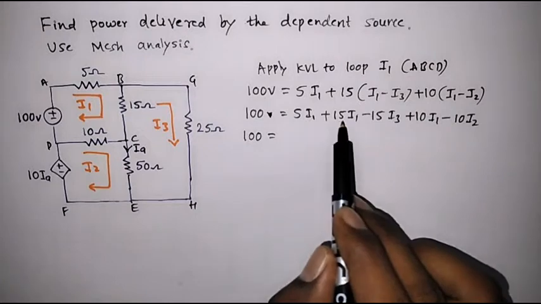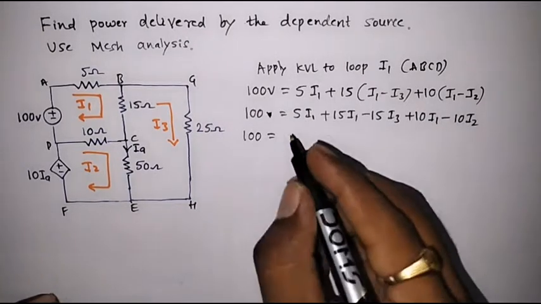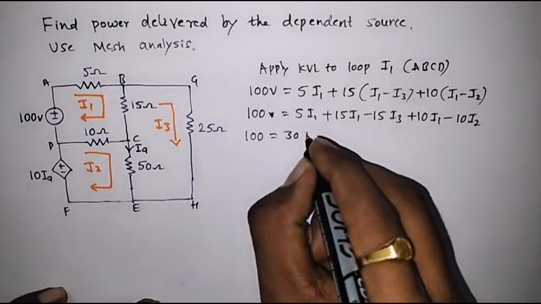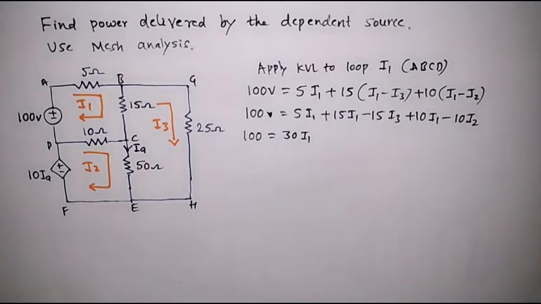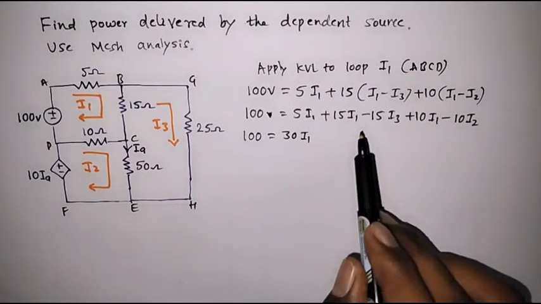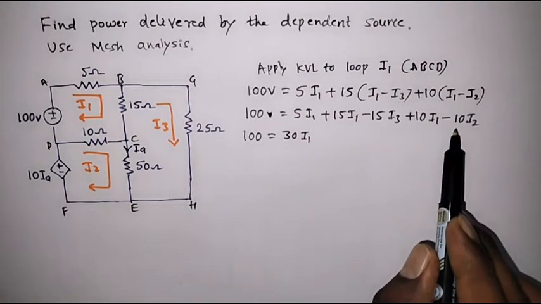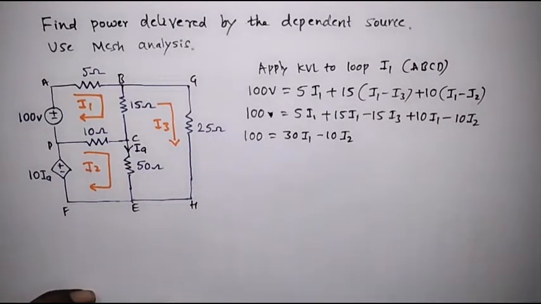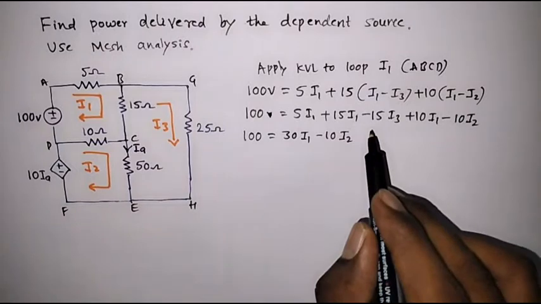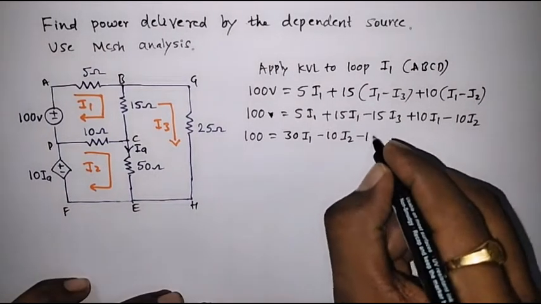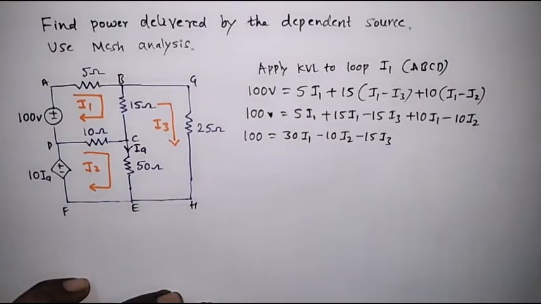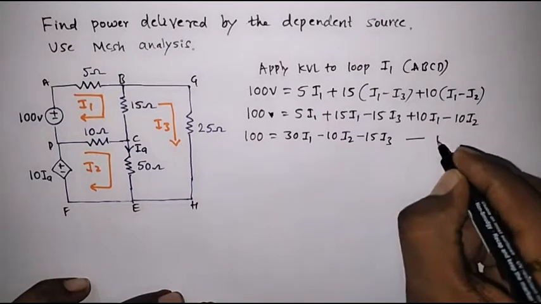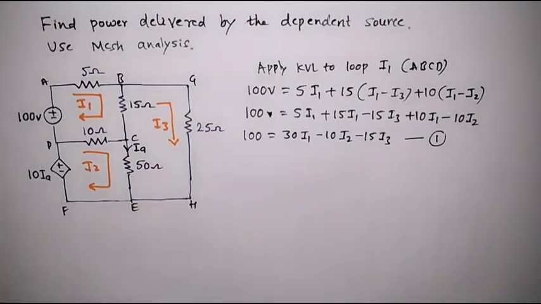So it is 5 plus 15, 20 plus 10, 30 I1, then the I2 term, there is only one I2 term, that is minus 10 I2, and the I3 term is also one, that is minus 15 I3. We'll call it equation number 1. So this is our first equation.